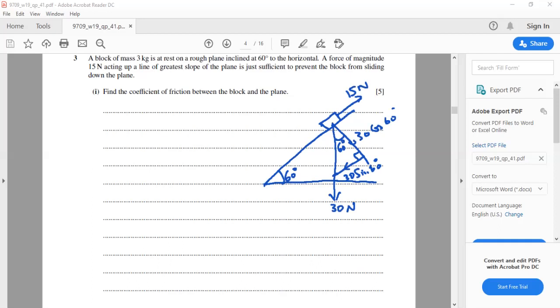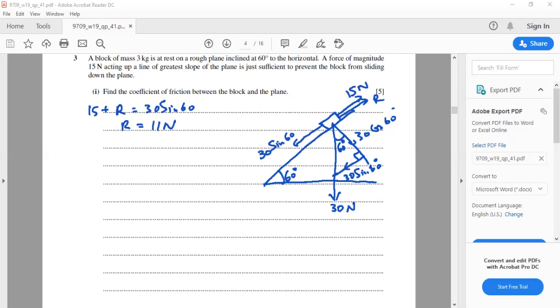So let us find the difference of these two first. This is 30 sine 60. Since it is about to slide down, there is a force of resistance acting upward. So 15 plus R, since it is in equilibrium, equals 30 sine 60. If you simplify this, R is equal to 11 Newton.